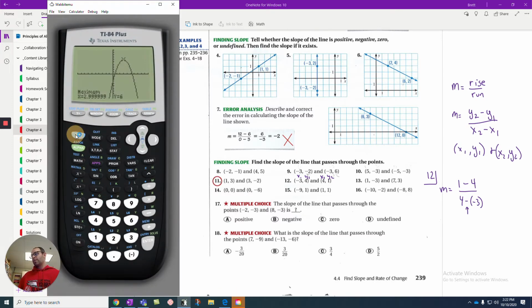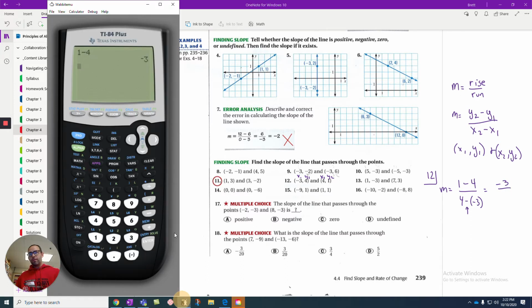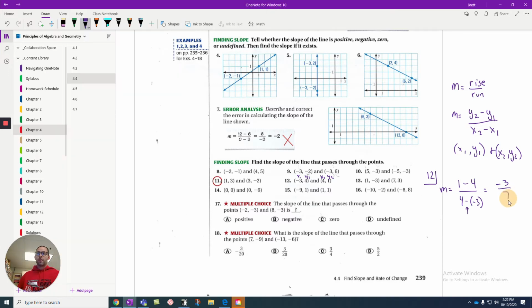So one of the other options that's always pretty effective is to just use our calculator. 1 minus 4 is negative 3. So over here, I would have negative 3 over, and then I'm going to do 4 minus, parentheses, negative 3. I just want to write it the way that it would look on my paper, and the calculator should manage just fine. Produces 7. All right. This would be the slope of my line.